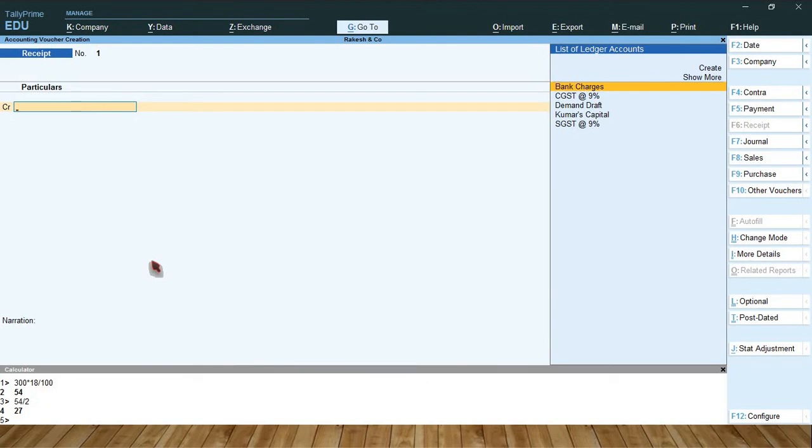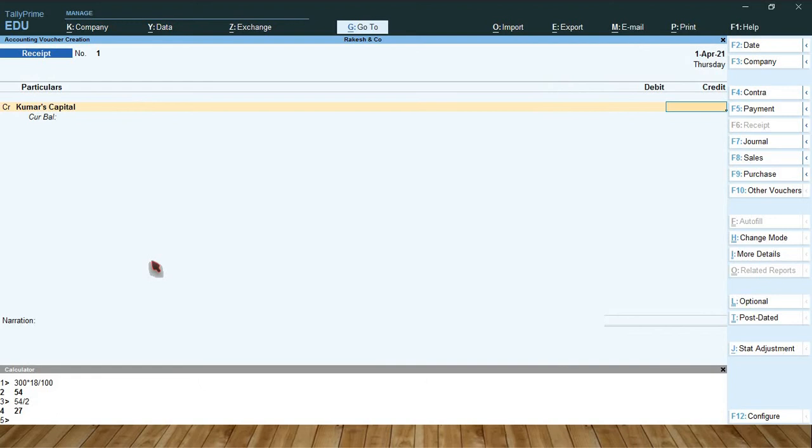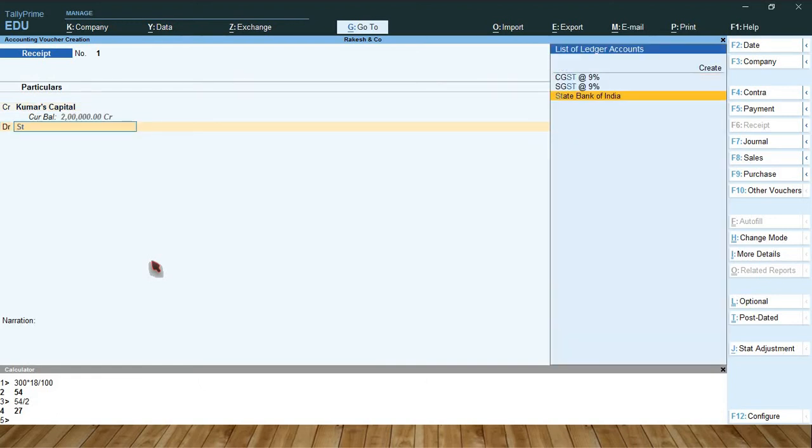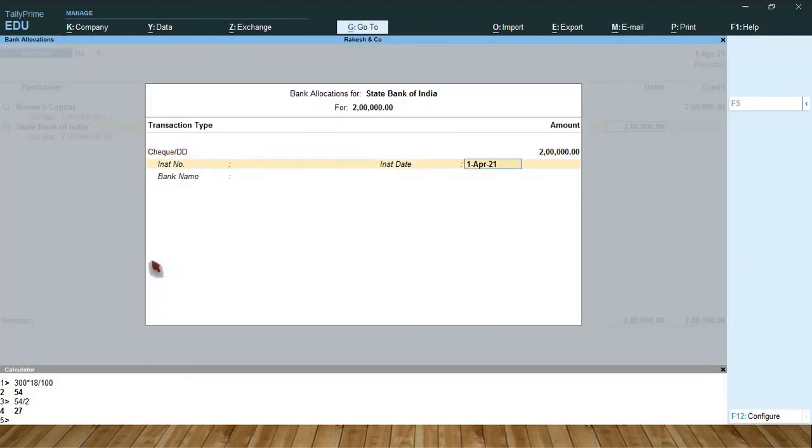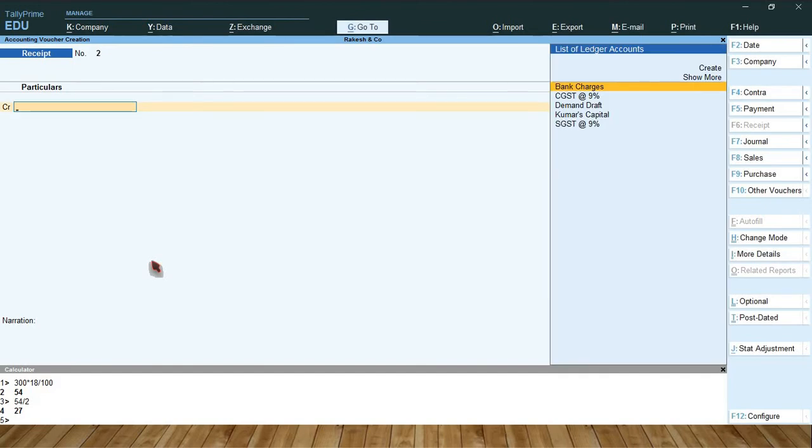This is a supporting transaction. Select Kumar's capital, 2 lakh, State Bank of India. Now the bank balance shows 2 lakh rupees. Otherwise it would show a negative balance after entering the bank charges entry. Accept. So now come to the point.